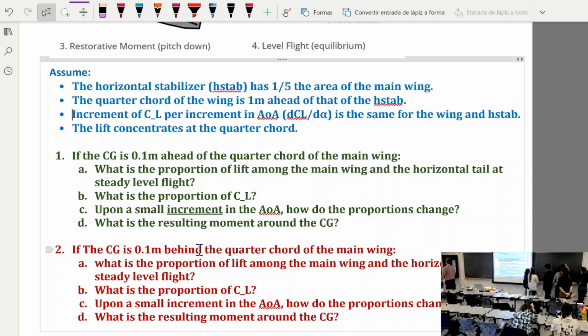So for our moment part, are we doing a similar thing, just the sum of moments of the lift? Yes. You said it went nose down.